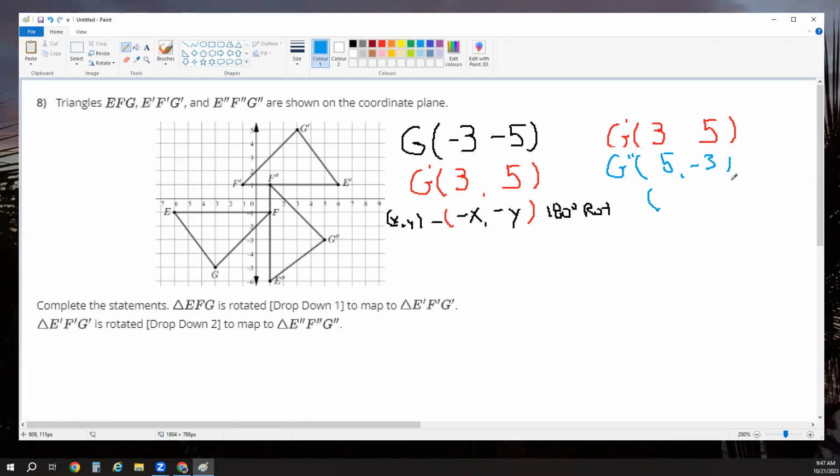So in terms of red, that got drawn from that. This was my old y, signs are the same. This was my old x, but that's negative now. Well, that is a clockwise rotation, 90 degrees, about the origin.